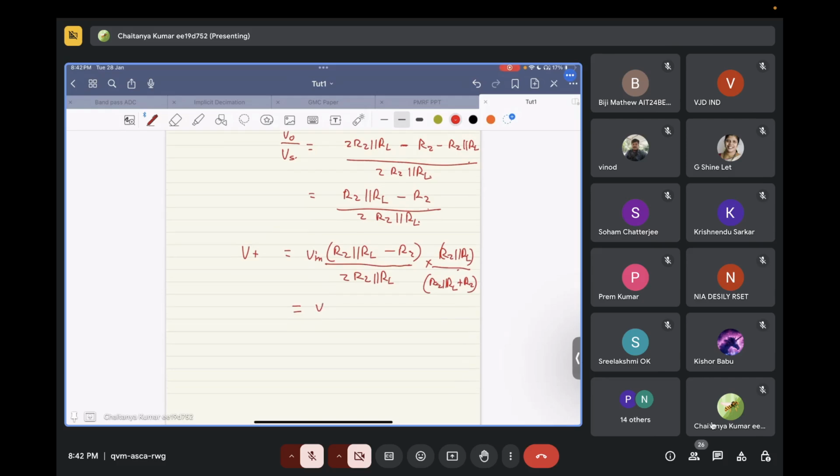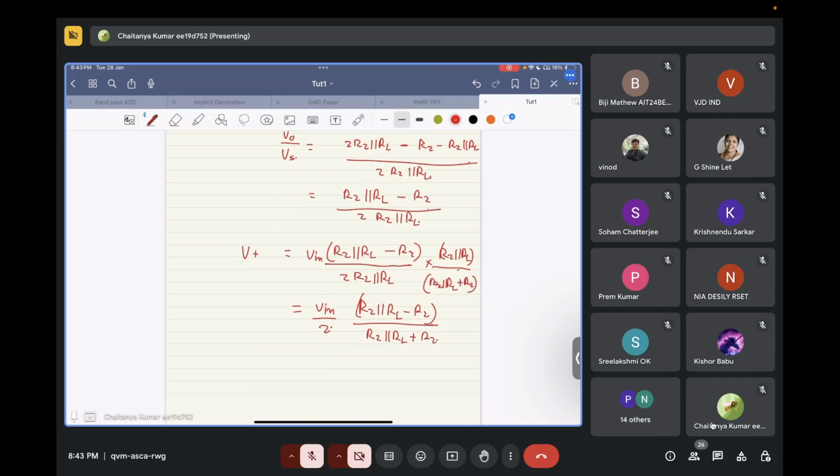So we will have Vin by 2 times (R2 parallel RL minus R2) divided by (R2 parallel RL plus R2).